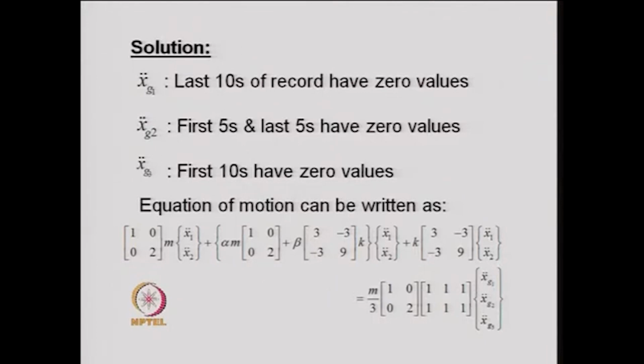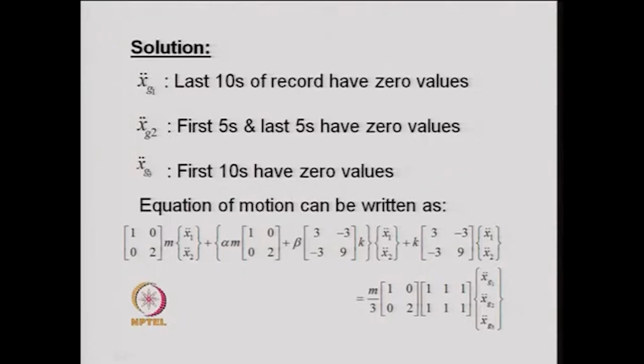This was of course for this problem. For other problems it may not be like that. The R matrix could be different for different kinds of structures, and it is to be obtained from the matrix condensation relationship.